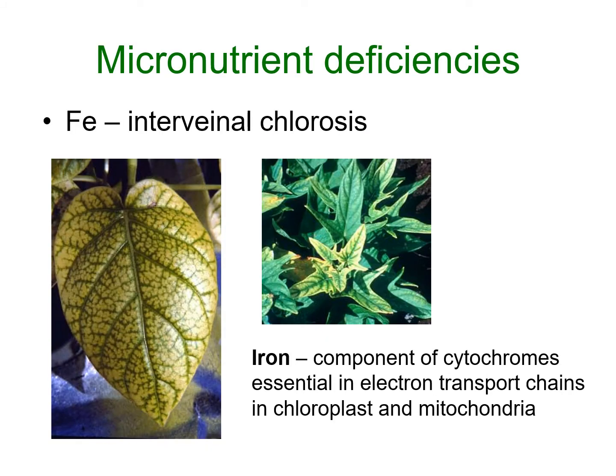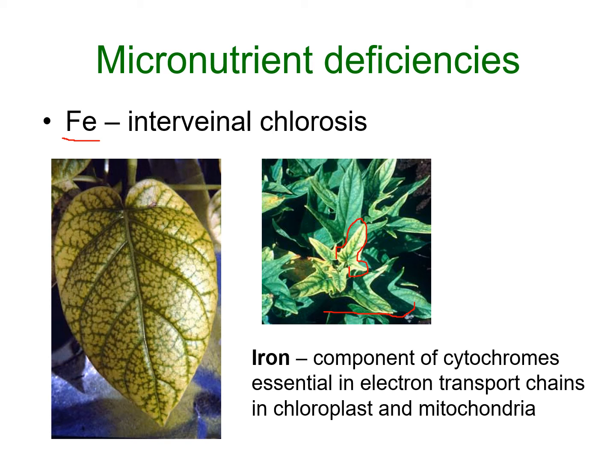Probably the most important micronutrient is iron, and the only reason it's a micronutrient is because it's only used in very small amounts, but it's really, really critical. So any plant that doesn't have enough iron, you can see a couple of examples. Here's a spinach plant. The upper leaves, the baby leaves here, are really struggling. They're not looking healthy.